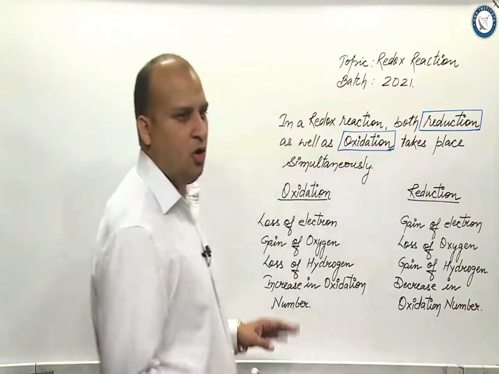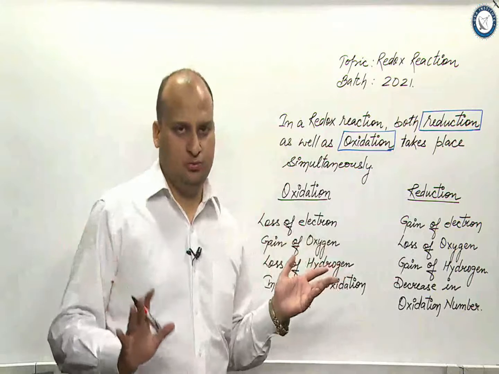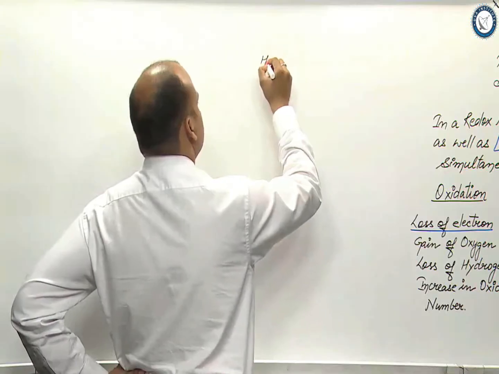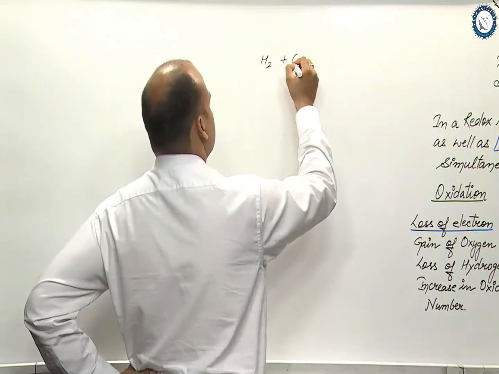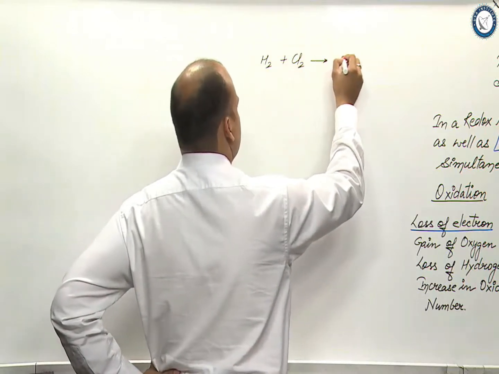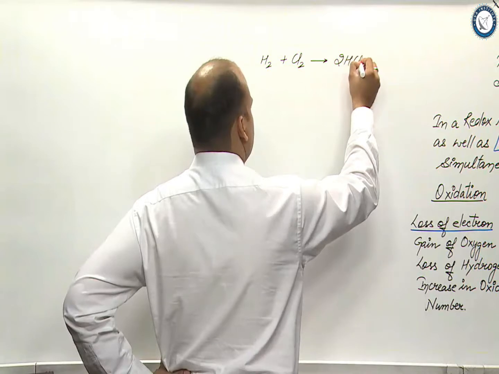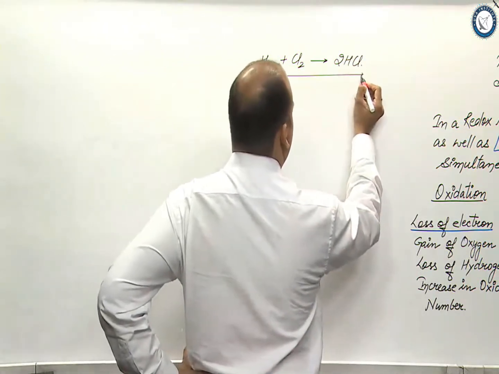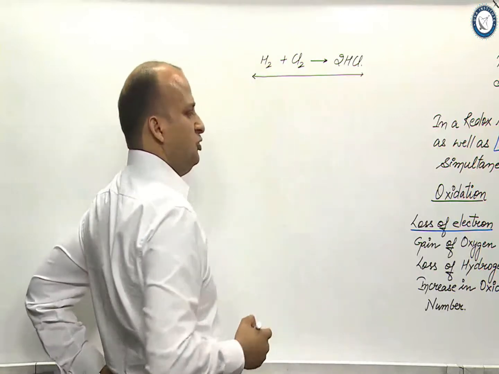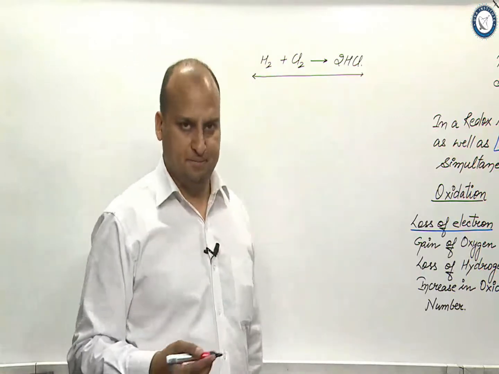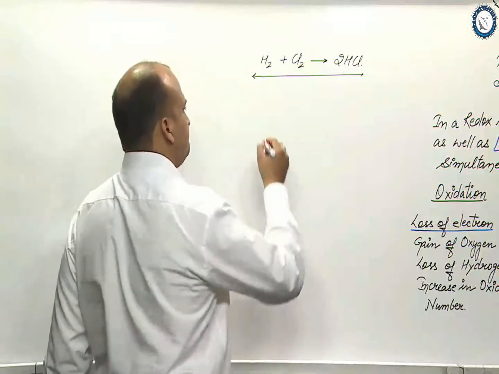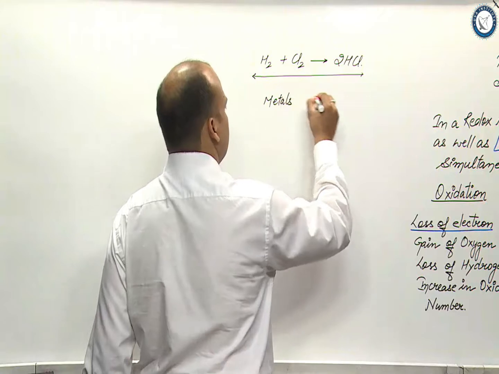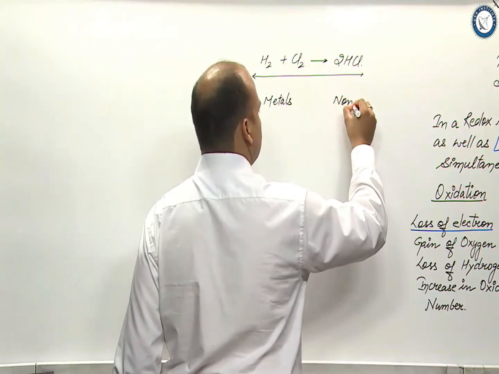Okay. Now all this will appear very new to you. Fine. See, before we actually understand what is happening over here, there are some basic things which you need to understand properly. देखो बेटा, you have already talked about metals and non-metals.